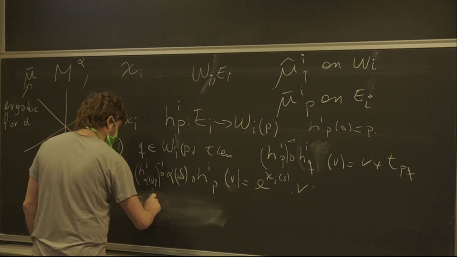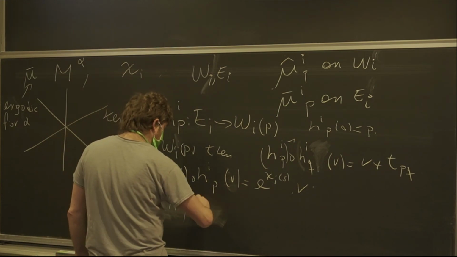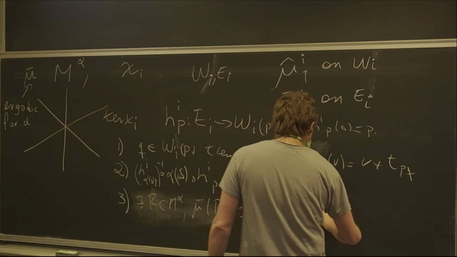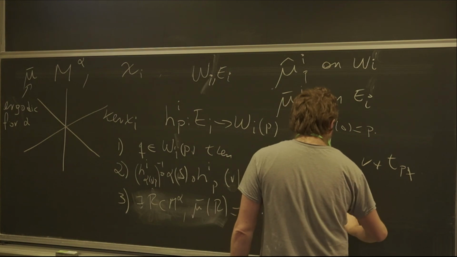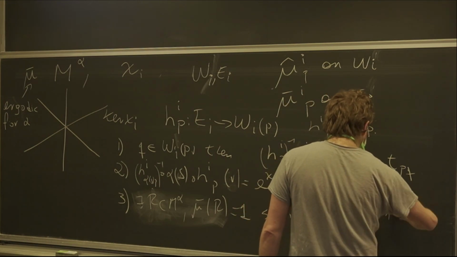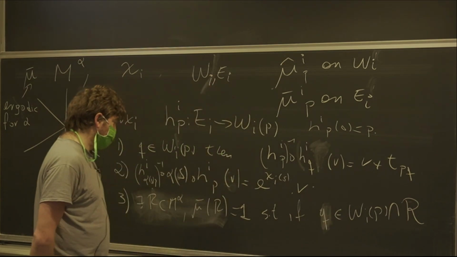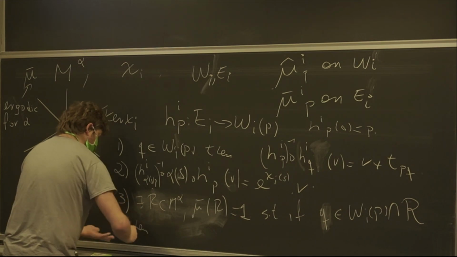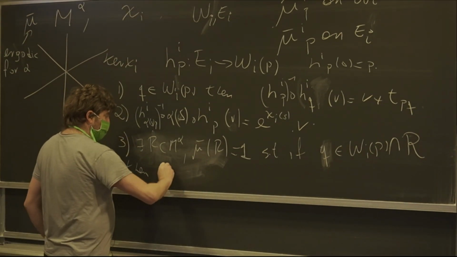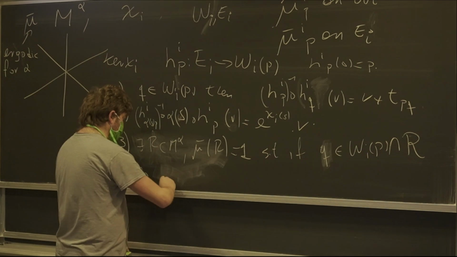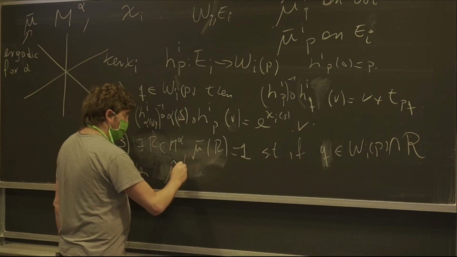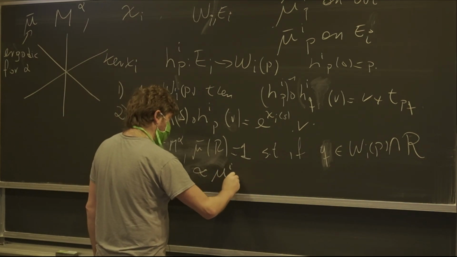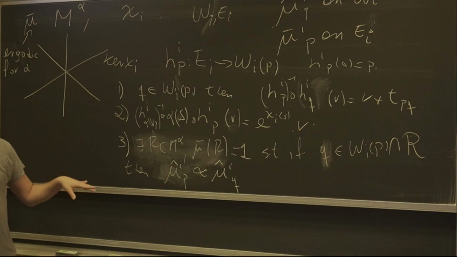So there exists R containing an alpha, mu bar of R equals 1, such that if P or Q belongs to W_i of P intersected with R, then mu hat_i^P is equal, up to a number, to mu hat_i^Q. So these measures coincide.